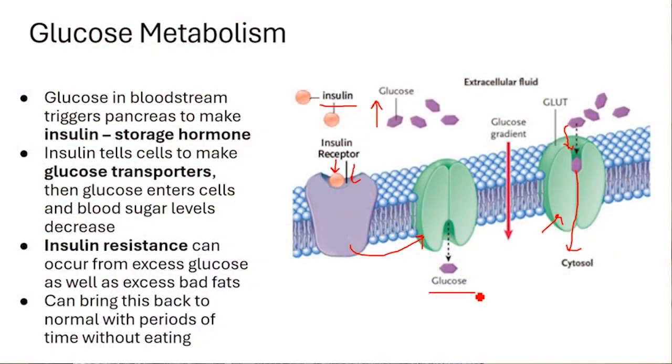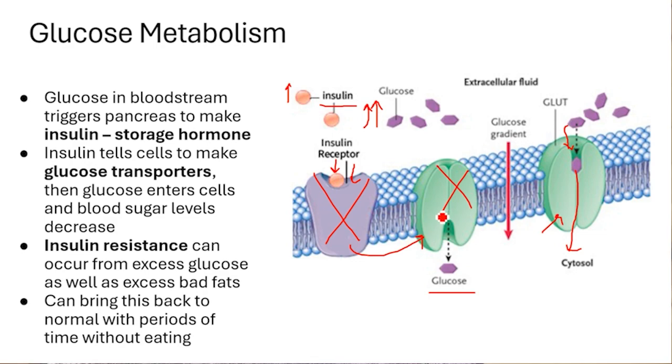So when we think about insulin resistance, what's happening is when we have too much blood sugar for a long period of time, and then we produce too much insulin for a long period of time, then what happens is, let's suppose this is a liver cell here, the liver cell will eventually stop putting as many insulin receptors and glucose transporters in the membrane.